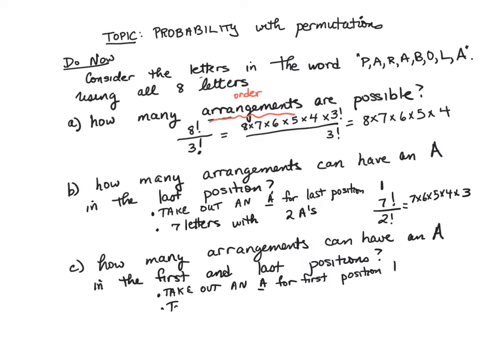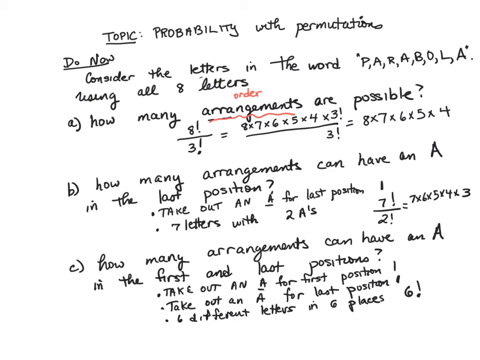Take out an A for the last position, which is one way. We have 6 different letters now that remain in 6 places, because we used up 2 of the A's and there's 1 left over. So that's 6 factorial ways to arrange them. So the answer would be 1 times 1 times 6 factorial.